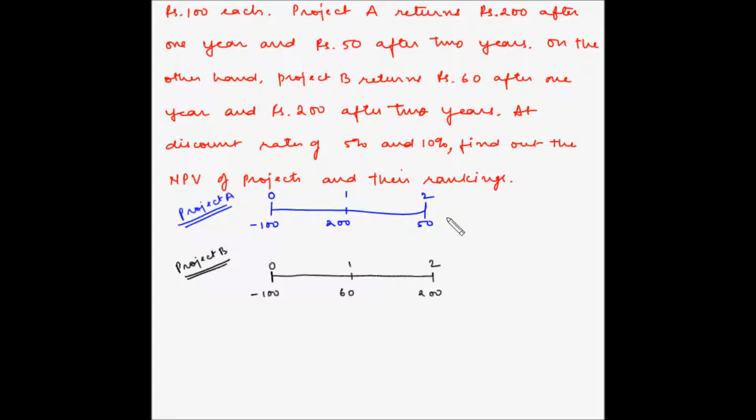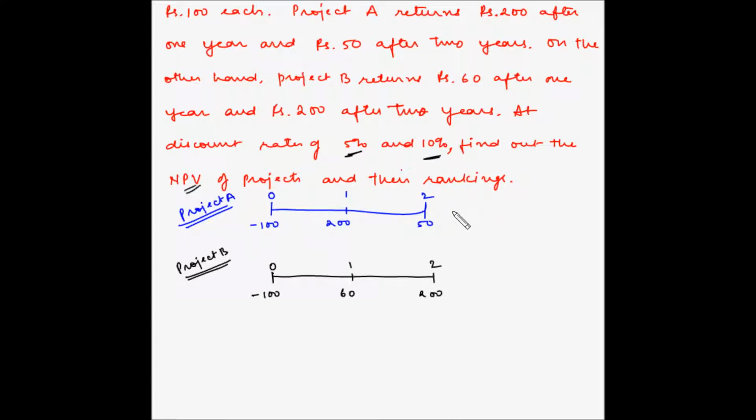So the main purpose of this example is to see how these different type of cash inflows at different times with different amounts behave when there are different discount rates when we are trying to find the NPV.